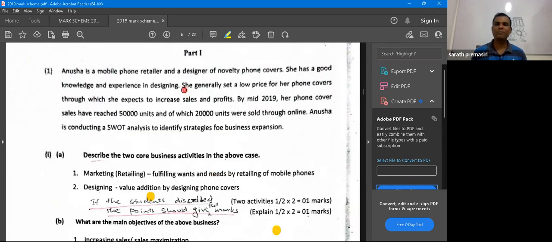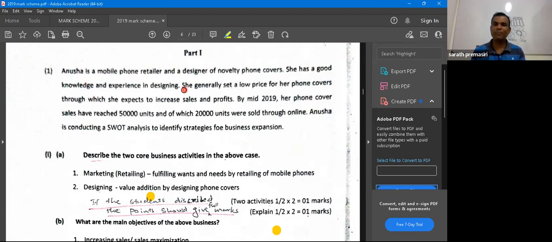Can you remember in our theory discussion, we have discussed some business objectives. There are a number of business objectives that we have discussed. You see, maximizing profit, maximizing sales, and then market expansion, survival in the market, being the market leader of the industry.